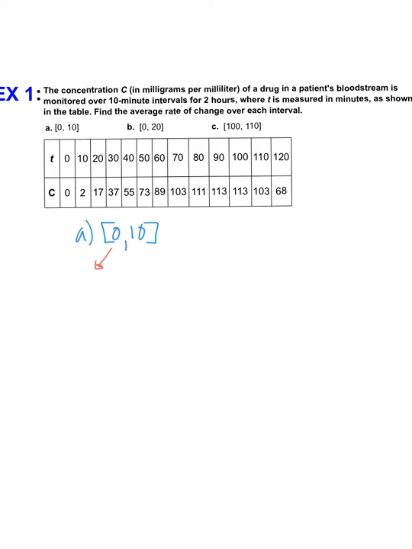So I get the ordered pair 0, 0. And that gives me t sub 1 and c sub 1. Then I'm going to get a second ordered pair using 10 as my time. So my x value is going to be 10. But looking at the chart, 10 and 2, that's my next ordered pair. So 2 is the y value that goes with the 10.